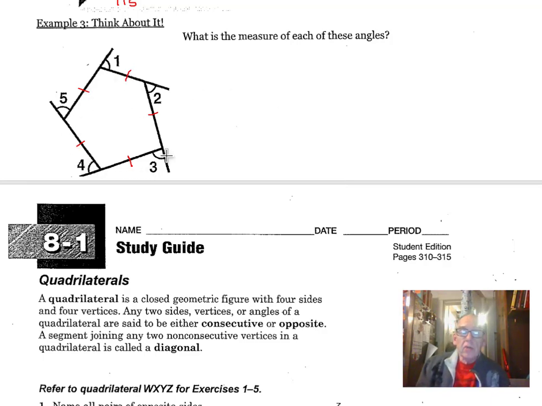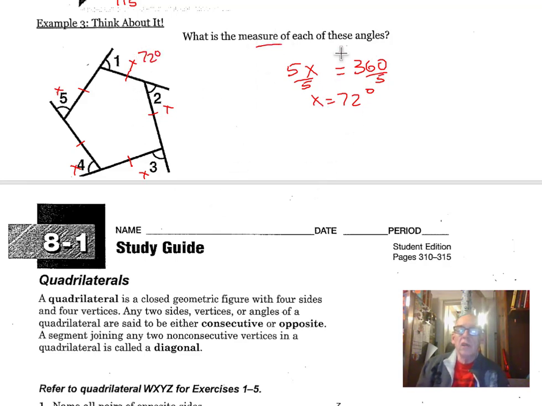Since all of these angles need to add up to 360 degrees, and we have 5 of them, if we let each one be x degrees, 5 x's equals 360, x is 72 degrees, which is 360 divided by 5. So each one of these angles is 72 degrees.